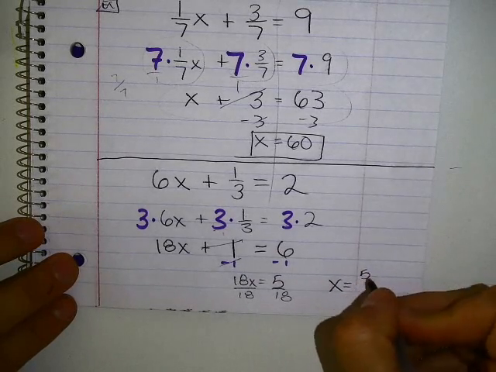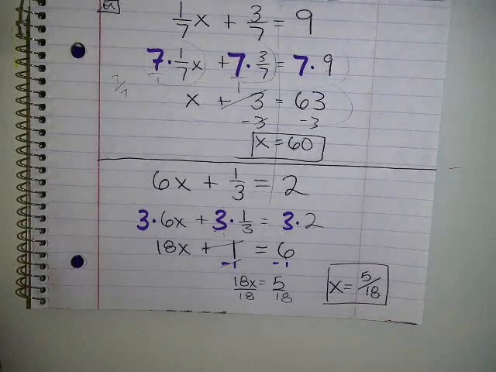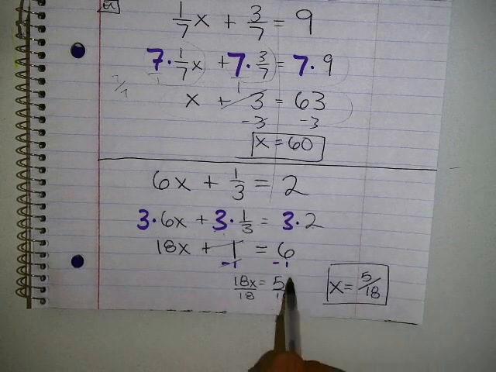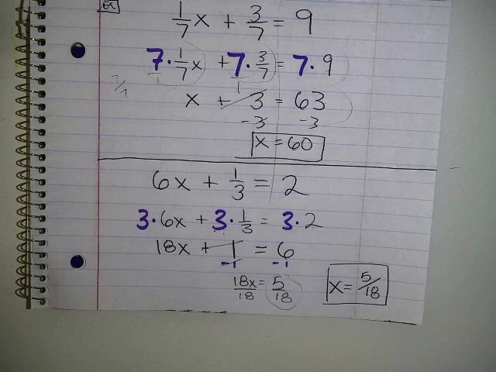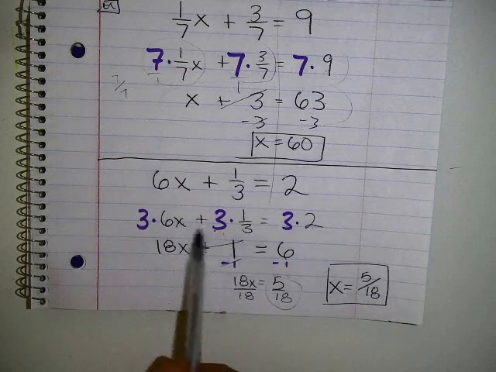If I can't divide it, just leave it. It's called a fraction. 5 over 18. See, I didn't have to deal with the fraction until the very last step when I just wrote down what I wrote down right here. So by taking this first step, we're getting rid of a fraction.